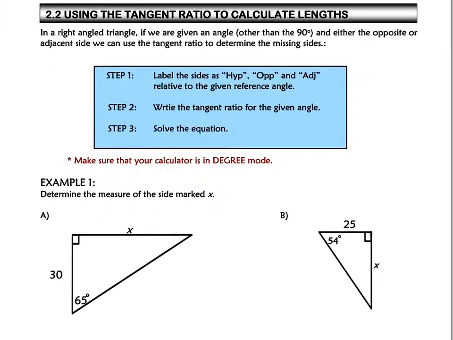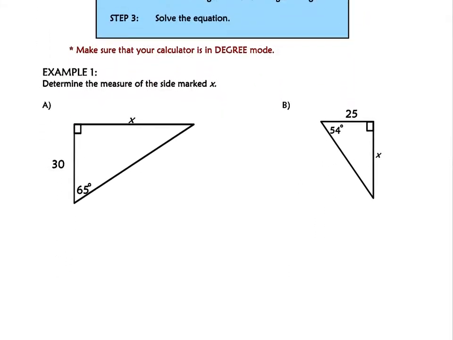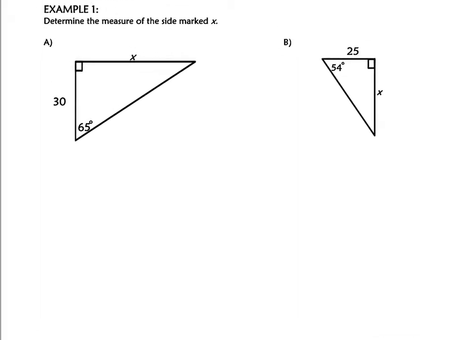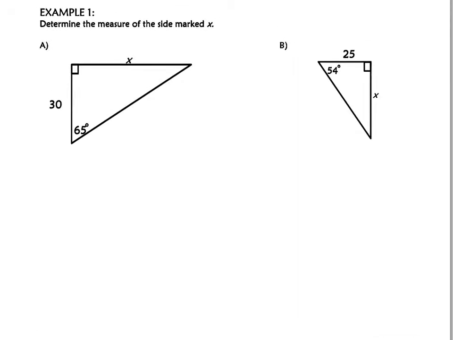Okay, so let's try a few examples here. So, first one there, we have to determine the measure of the side marked x. If we look at the information that we have, we're given an angle, 65 degrees. We are asked to find the side which is opposite that angle, and we have the side that is adjacent to that angle.